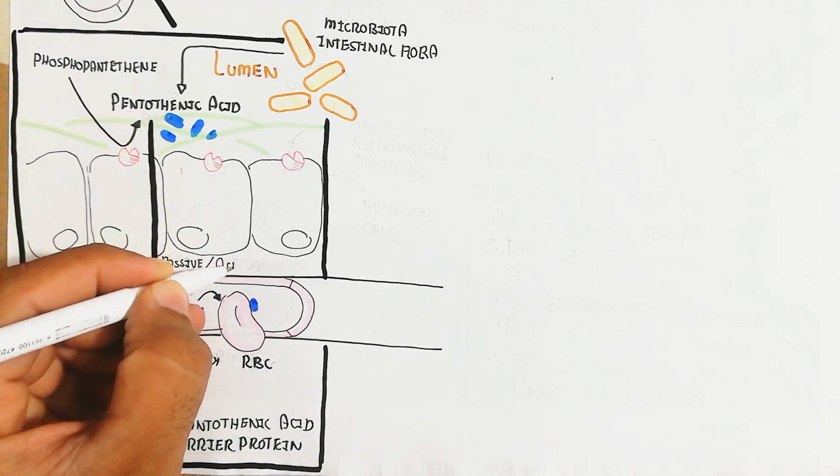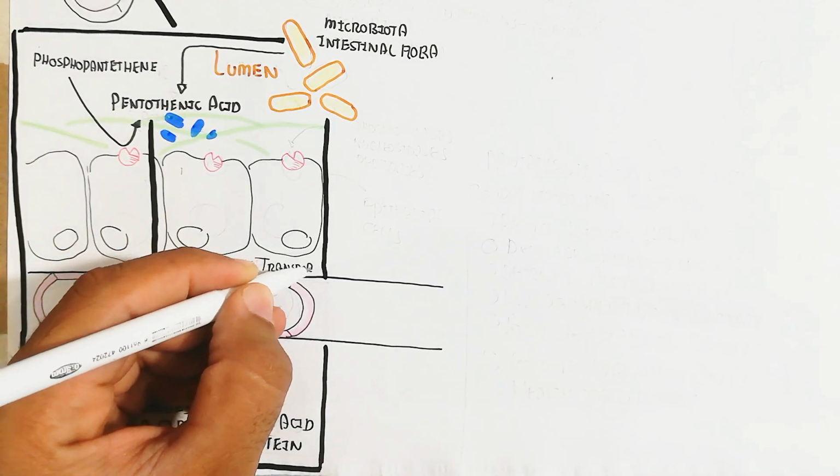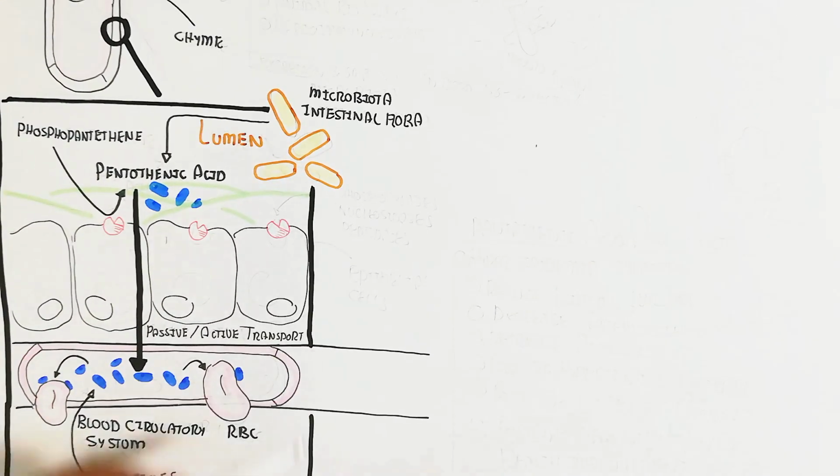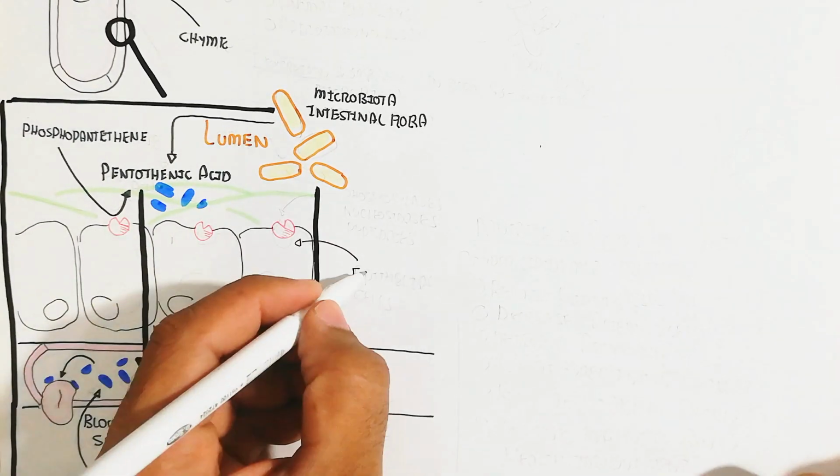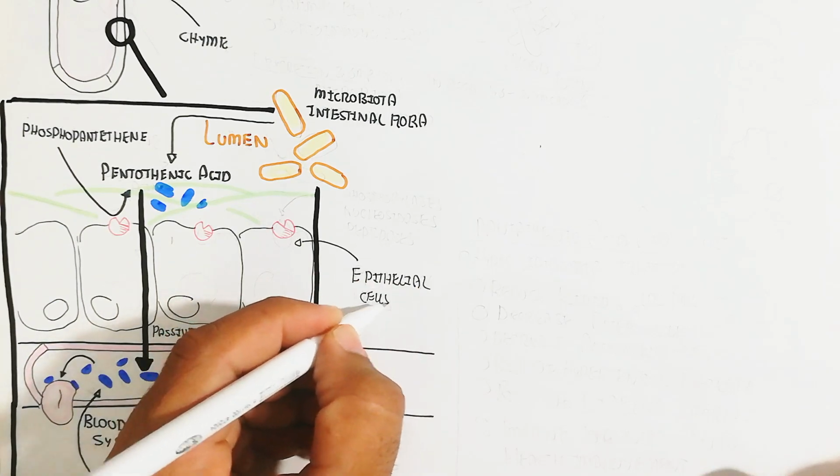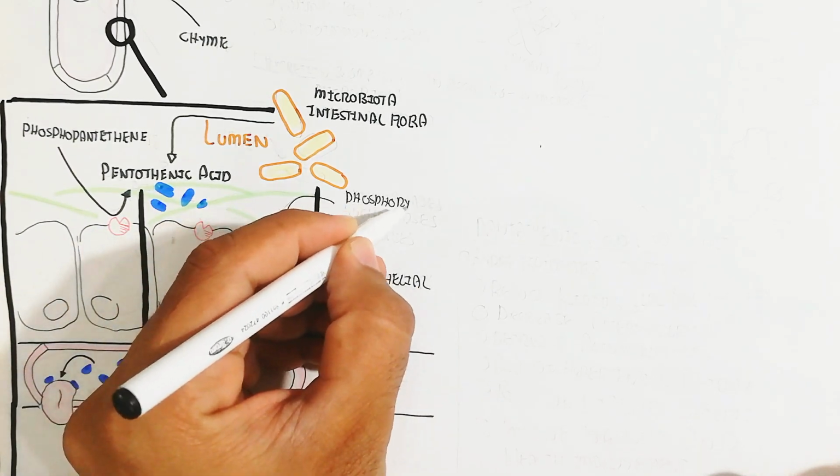Let's understand another mechanism, but first we will understand the identification, how to identify normal pantothenic acid in our blood.